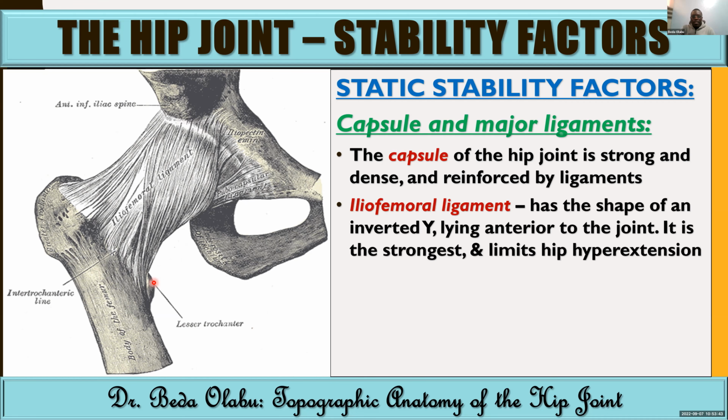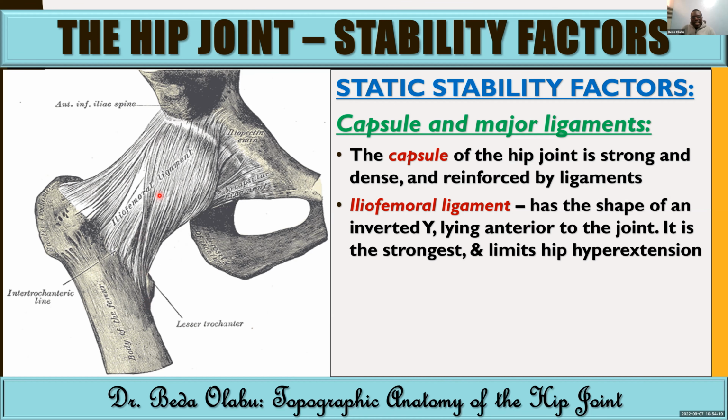Anyway, the capsule is reinforced by some ligaments, and I'll mention three major ligaments that reinforce the joint capsule of the hip. We have the iliofemoral ligament. This ligament has the shape of an inverted Y, with the stem of the Y being superior and the two arms of the Y being inferior or inferolateral.